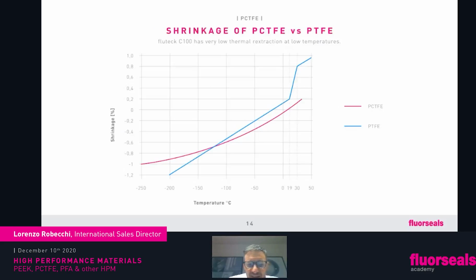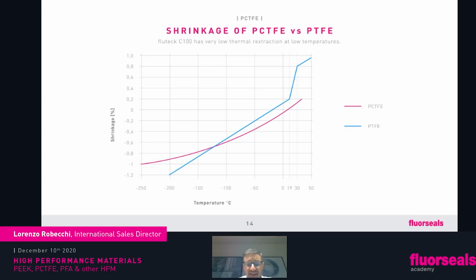I think this graph is very interesting, okay? Don't be scared. It took some time for me to understand it as well, but once you get it, it's very, very interesting. So let's take 30 degrees, okay? Go to the far right. At 30 degrees, PTFE is 0.8% bigger than what it is at zero temperature. Going down to minus 200, it shrinks to 1.2%.